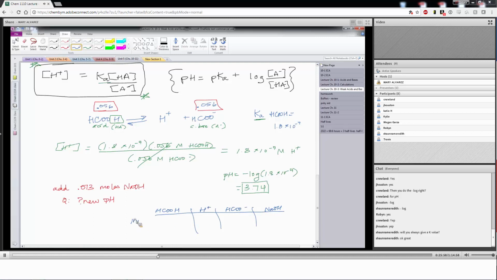So initially, before I've added anything, I have 0.056 moles of this and 0.056 moles of that. Actually, I'm not going to track this because that's what we use this equation for. And we've got 0.013 moles of sodium hydroxide. That's what we've got initially. What does the sodium hydroxide react with in my buffer system?